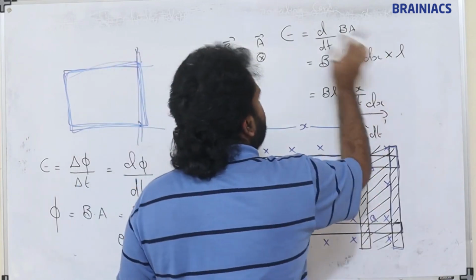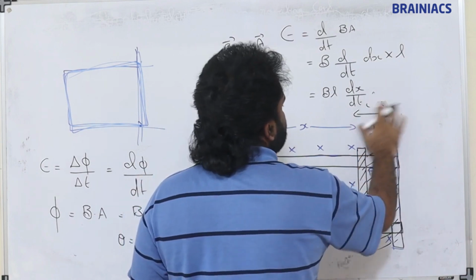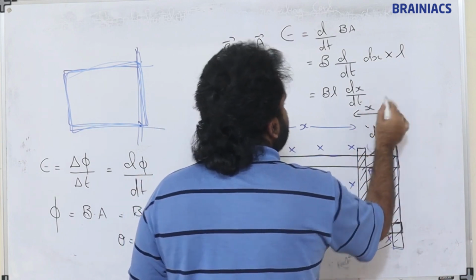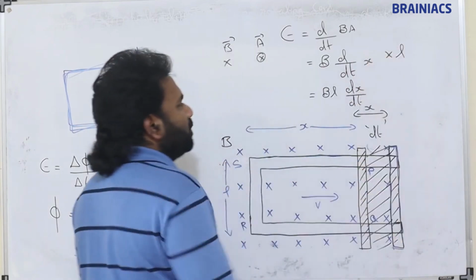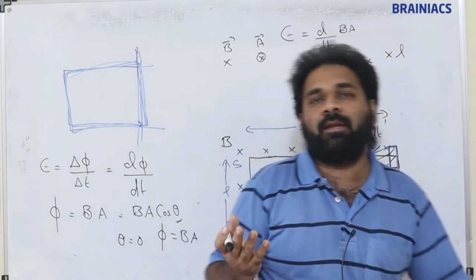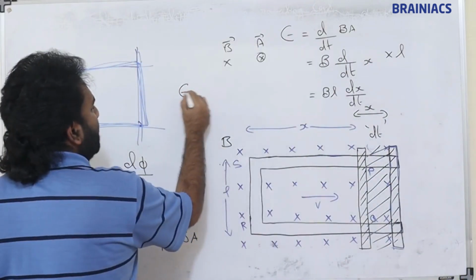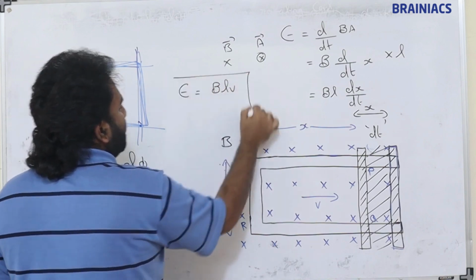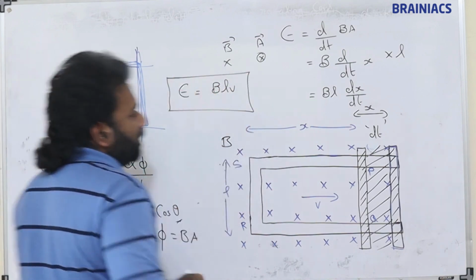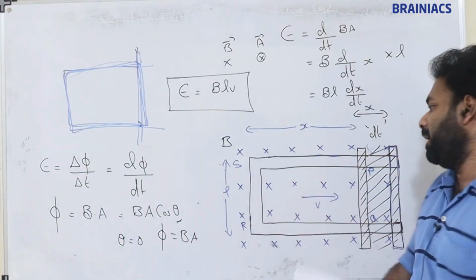Suppose we consider that x length is covered, so it can be like this. So what is dx by dt? dx by dt is velocity. So EMF is equal to what? BLV.